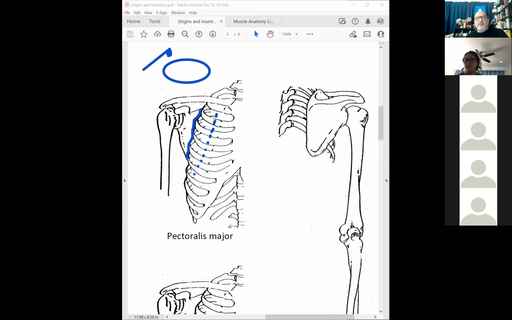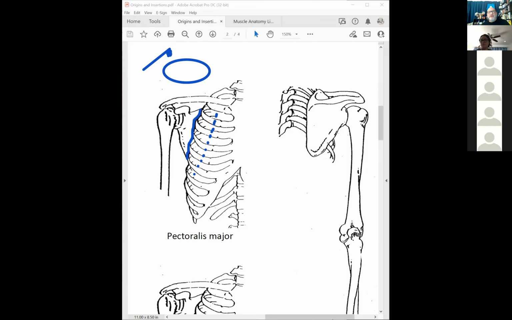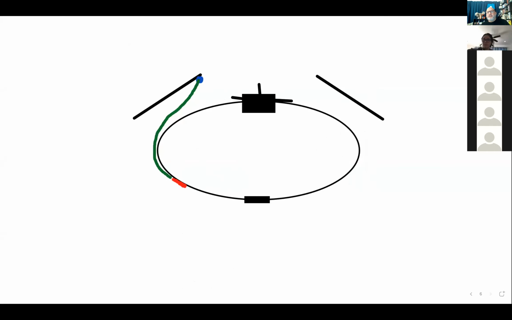All right. But notice when this muscle contracts, like when all muscles contract, it is going to pull the insertion towards the origin. So what effect does that actually have on the scapula? Protract.